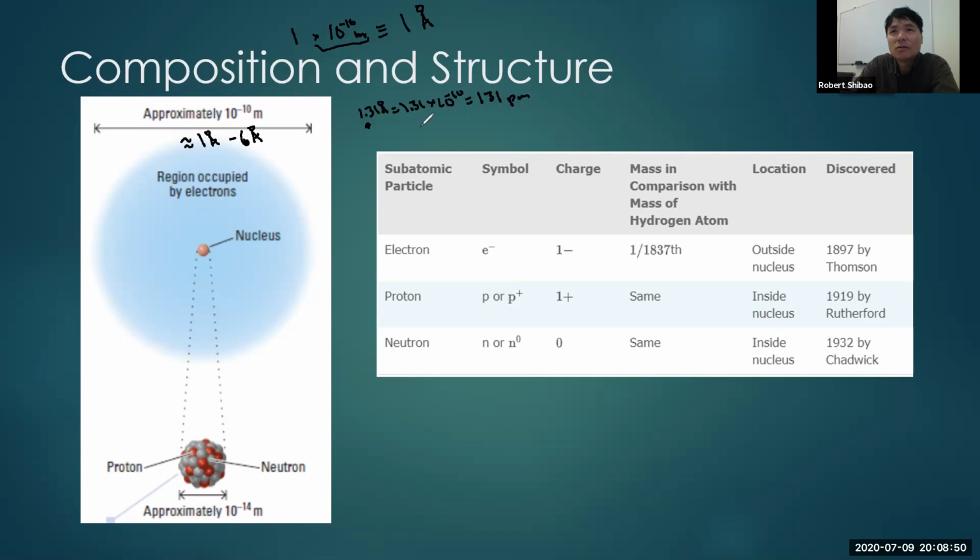Rather than saying 1.31, we say 131. 131 picometers is 131 times 10 to the minus 12 meters. Picometers is the most common given unit for atoms. Atoms range from about 100 to about 600 picometers.